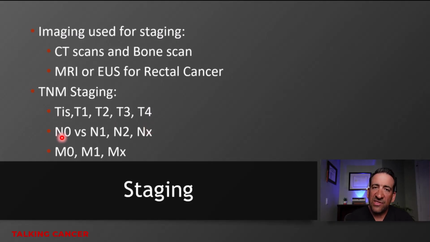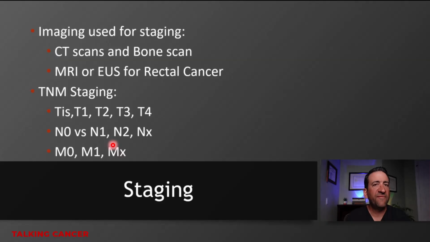Then the N stands for lymph node. N0 simply means that when you had surgery and these lymph nodes were removed, none of them were involved with cancer, and that is excellent. N1 means, yes, we found cancer in a lymph node, but it was 3 lymph nodes or less with cancer. And N2 means that you had at least 4 or more lymph nodes.